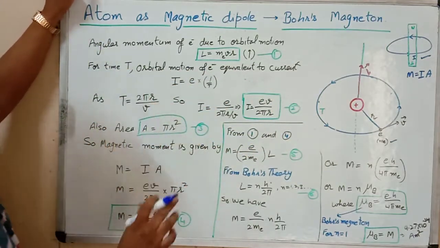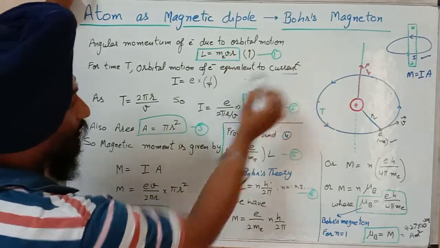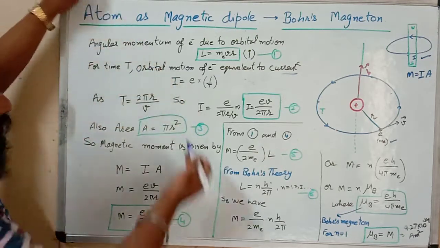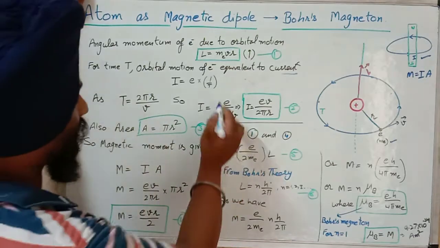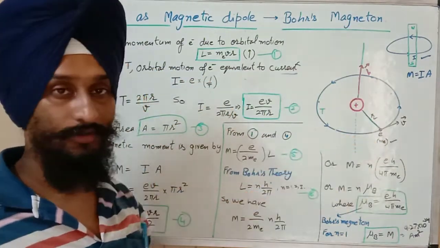So if T is the time, the orbital motion of the electron is equivalent to a current, given by e upon T. Clear? e is the charge and T is the time to complete the orbit.